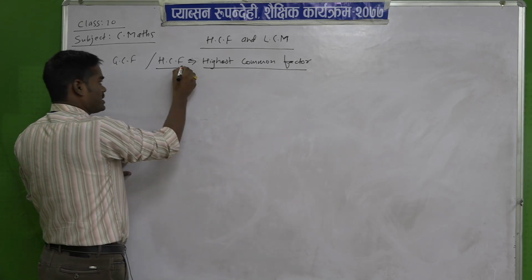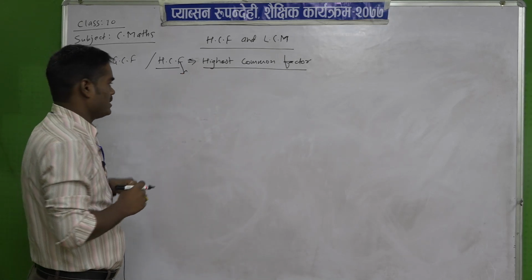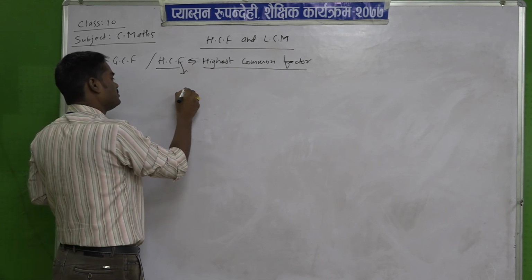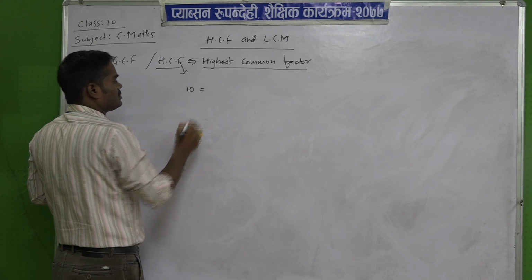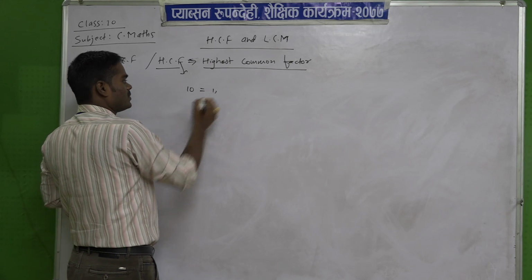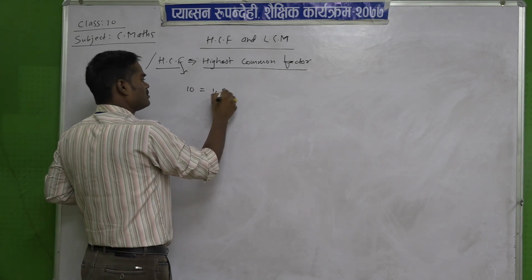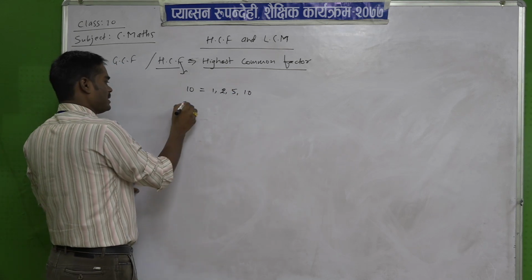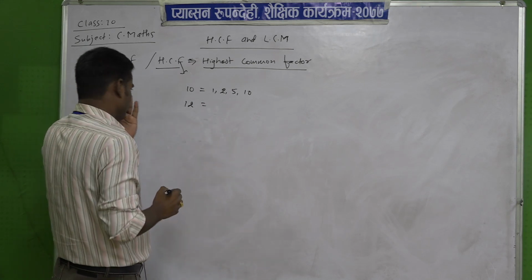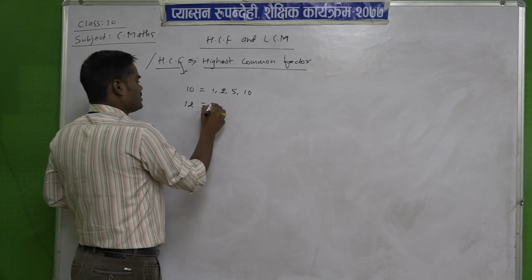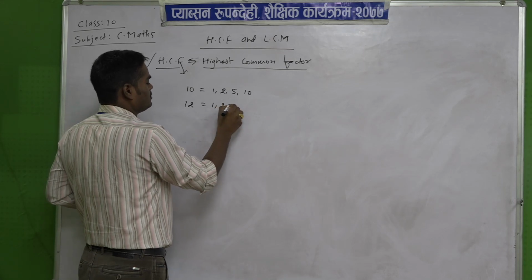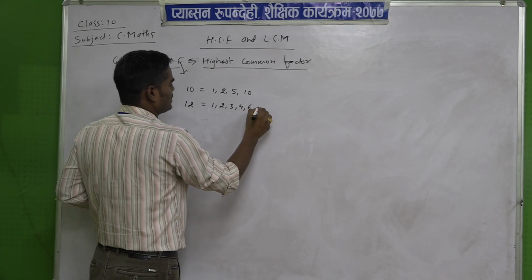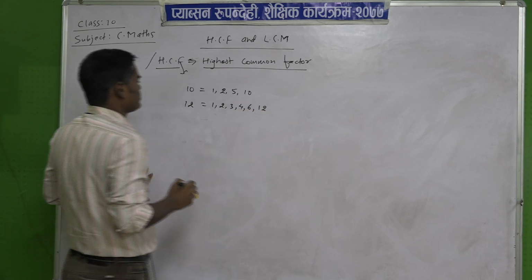First we have to understand F means what? Factor. So, let us take here 10. So, what is the factor of 10? 1, 2, 5, 10, and take the factor of 12. 12 means 1, 2, 3, 4, 6, 12.